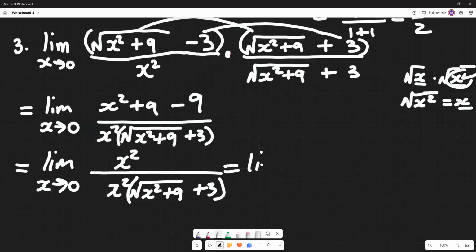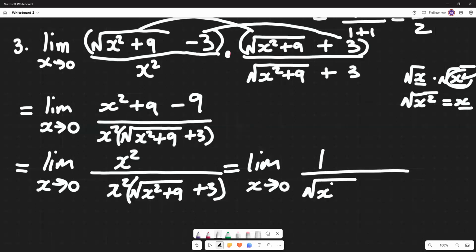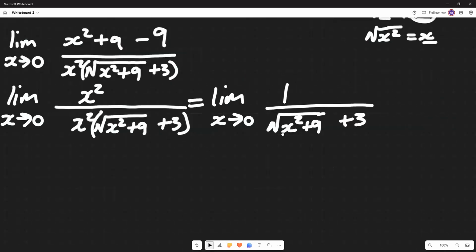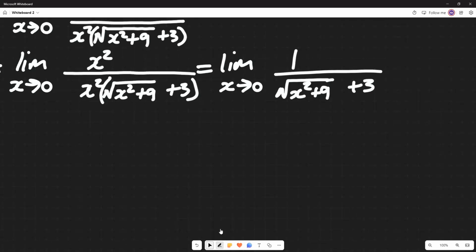So you have limit as x approaches 0 of 1 over the square root of x squared plus 9 plus 3. Right. And now we can nicely substitute, because the moment you don't get 0 at the bottom when you do your substitution, that's the moment you are sorted. So the limit will disappear.